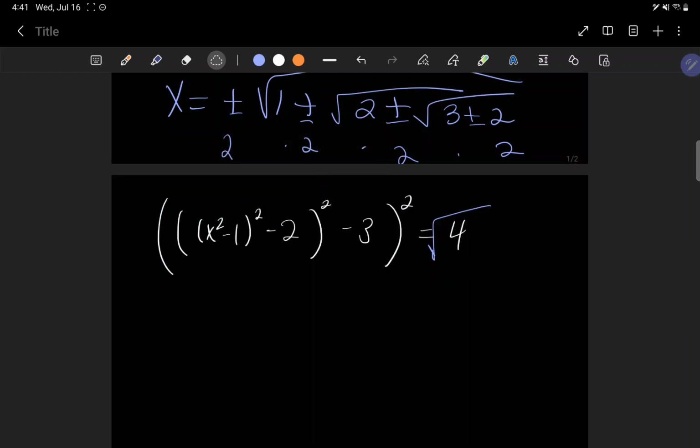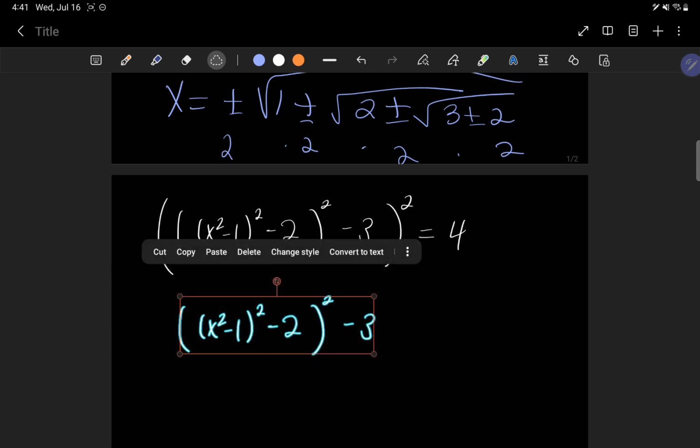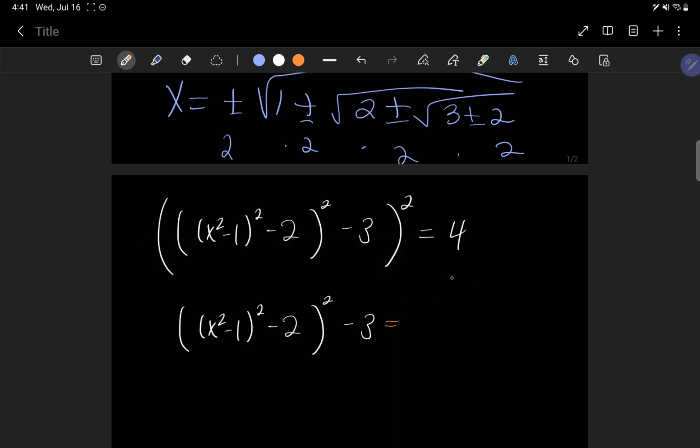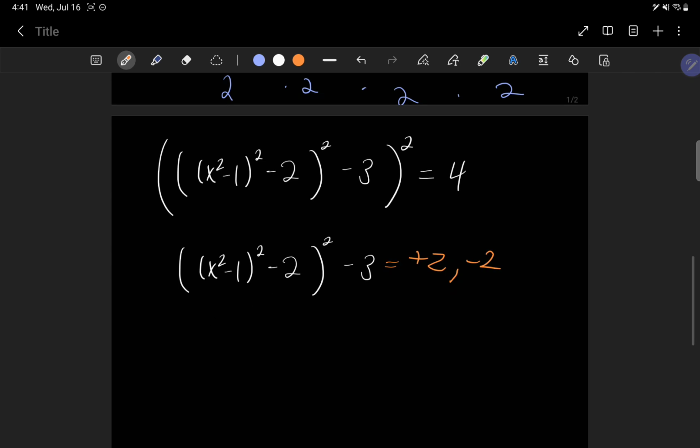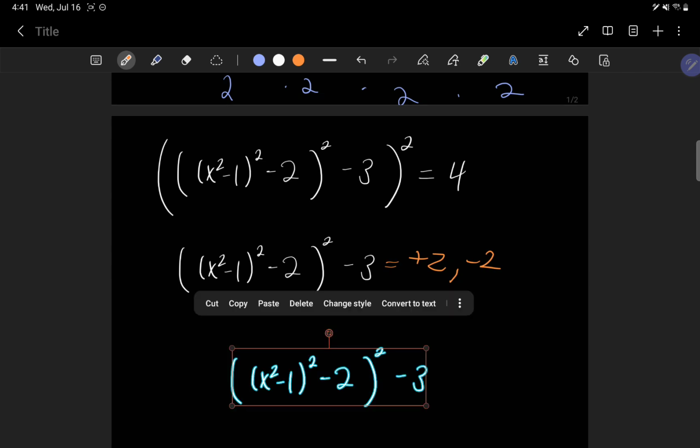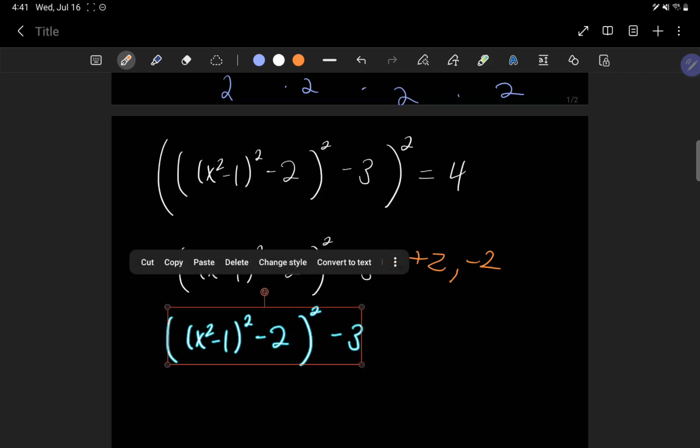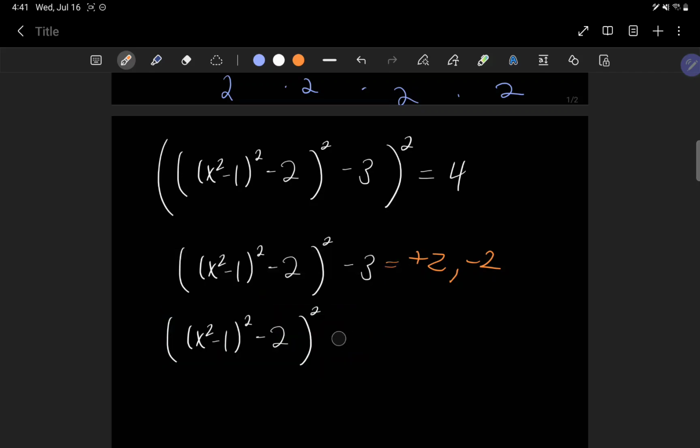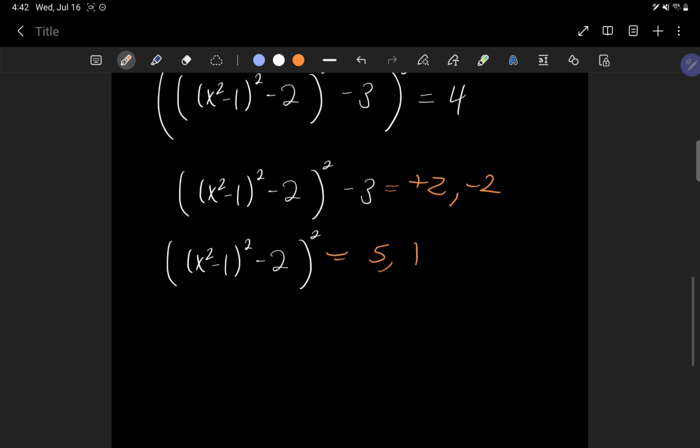So I know that you'll have the inside stuff. It's going to equal 2 and negative 2. And then if you add 3, you have the same thing. And then we'll just add 3 to both of those. So that would be a 5, and then that would be a 1.